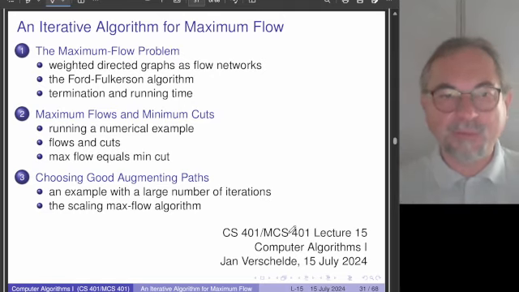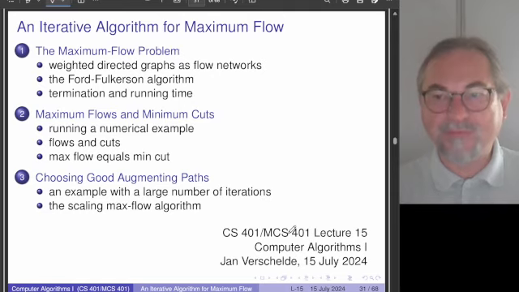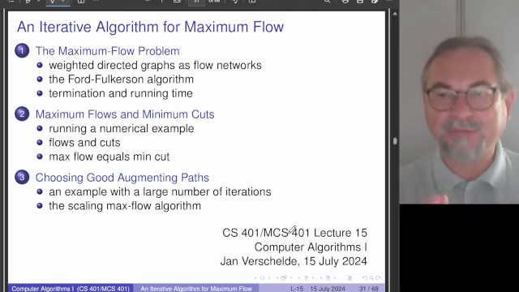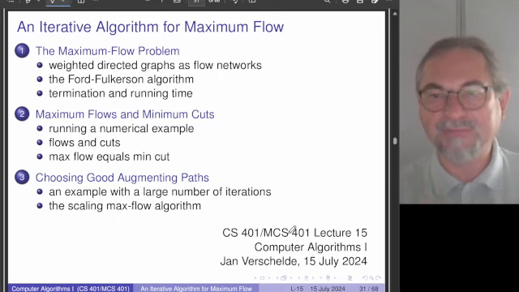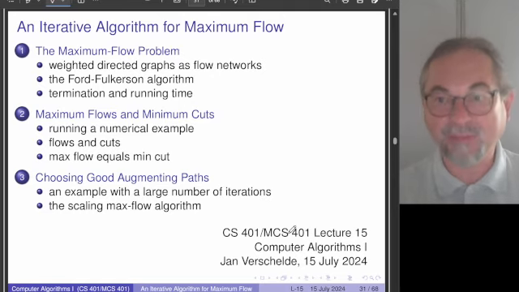And we will prove properties. You may have wondered already, the number of iterations, capital C, is indeed a huge number sometimes. Can this be reached? We will give an example where this is really the case and what we can do about this. We give a variation of the max flow algorithm.